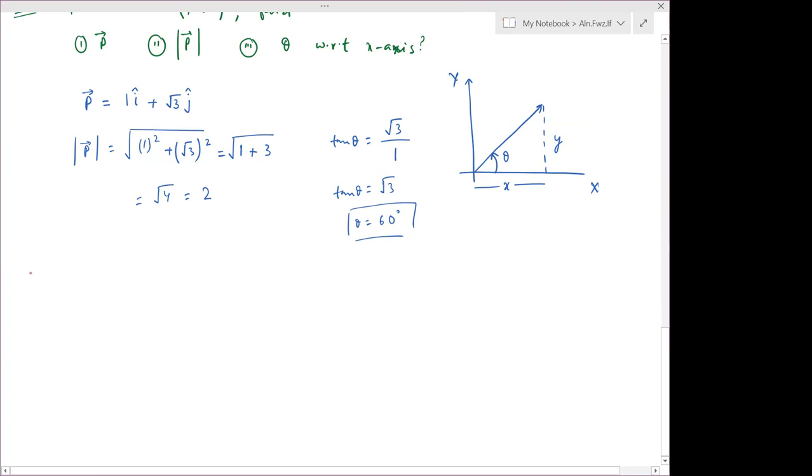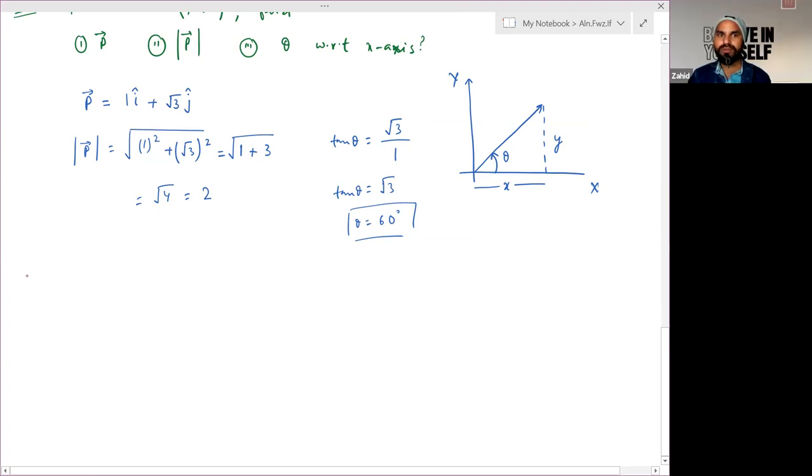Okay. Now next is, how do you apply any operation to a vector? So next is operation on vector. First is addition. Since we have two different ways of representation of vector, we can add them in two different ways.